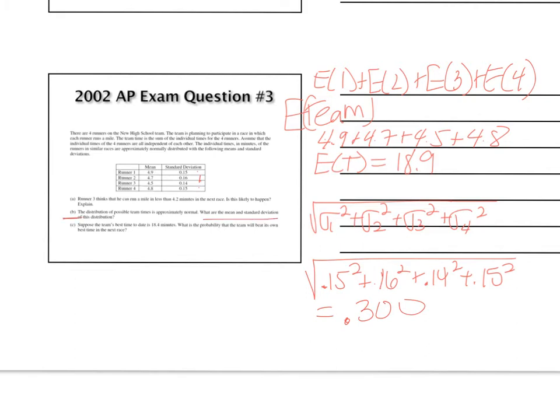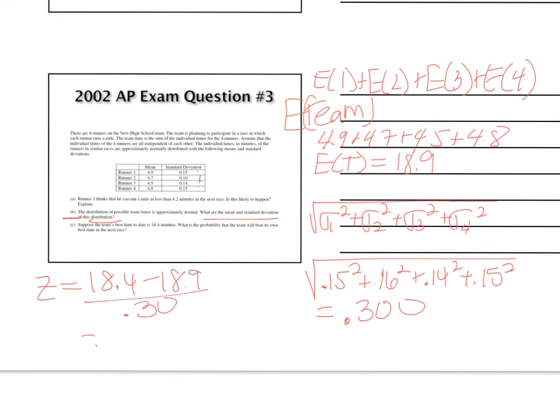What are the mean and standard deviation of the distribution for the team time? And then if I wanted to know that their best time is 18.4, what's the probability they'll beat their own best time? That's going back to using a z-score and finding that probability. You could do that by your z-score is equal to 18.4 minutes minus 18.9 divided by 0.30.